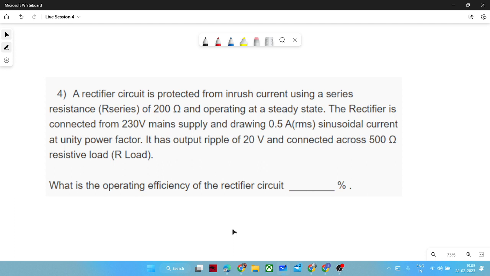For P in, we would be taking the drop across the series resistance, so the power dissipated in the series resistance also into account, yes? Here V in would be shifted from that value, right? Sanjay discussed this in the current week's assignment. Whatever the peak value, that will be just shifted.